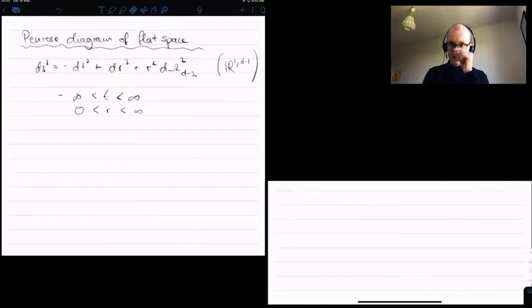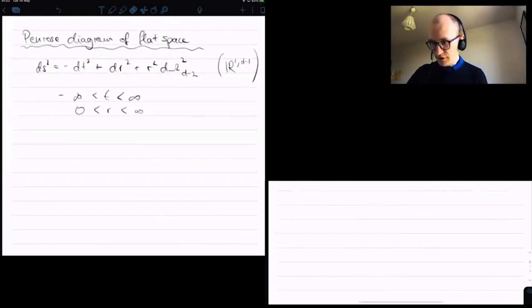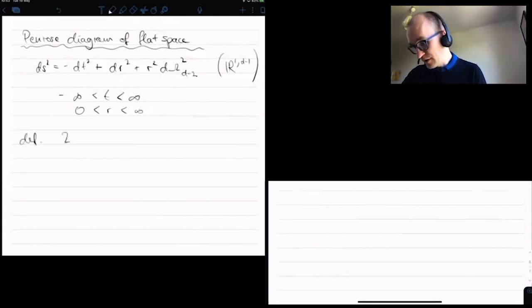So because all the action is in the t-r plane, let's start by bringing things to a finite distance. I define two variables, u and v. So twice u is t plus r, one of the light cone directions, and twice v is t minus r, which is the other light cone direction.